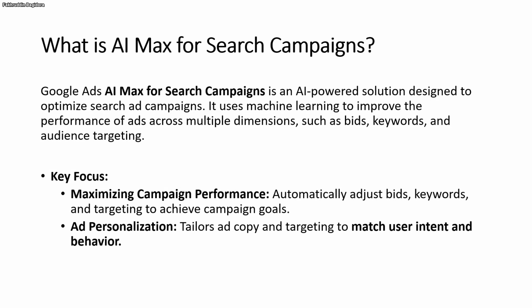But now, since AI Max has been introduced, I have used one word here, as you can see, the key focus, and the second point, that is ad personalization: tailor ad copy and targeting to match user intent and behavior. So when we say match the user intent, what is that exactly?